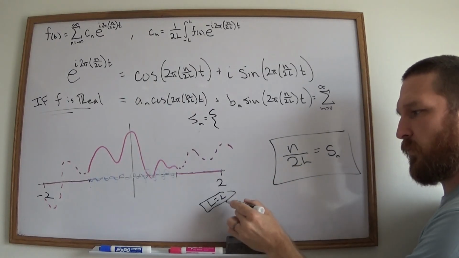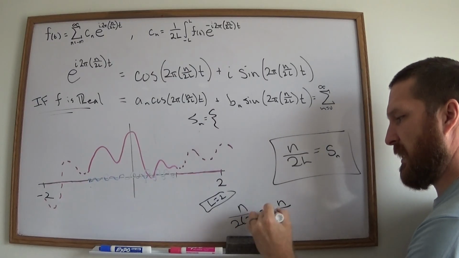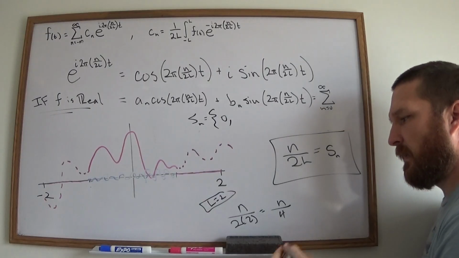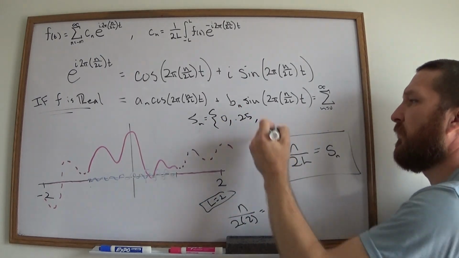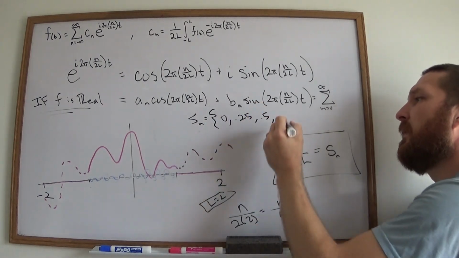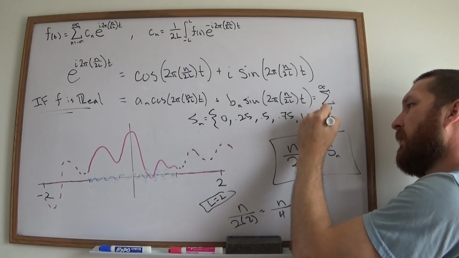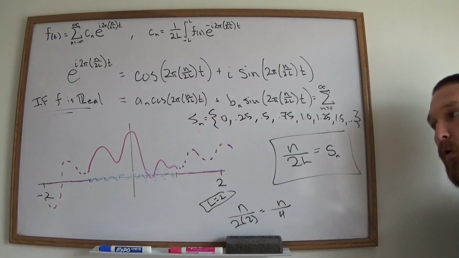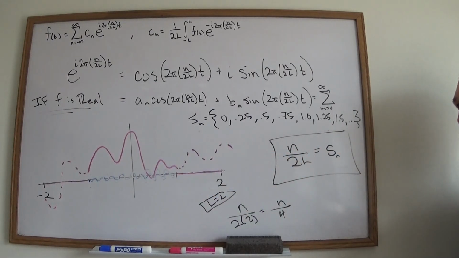Now when L is equal to 2, we'll have n over 2 times 2, which is n over 4. And so what frequencies will we have? Well, we'll have 0, and then 1 over 4, which is 0.25, 2 over 4, which is 0.5, then 0.75, 1.0, 1.25, 1.5, and so on. Now we're getting more frequencies that we can analyze here.